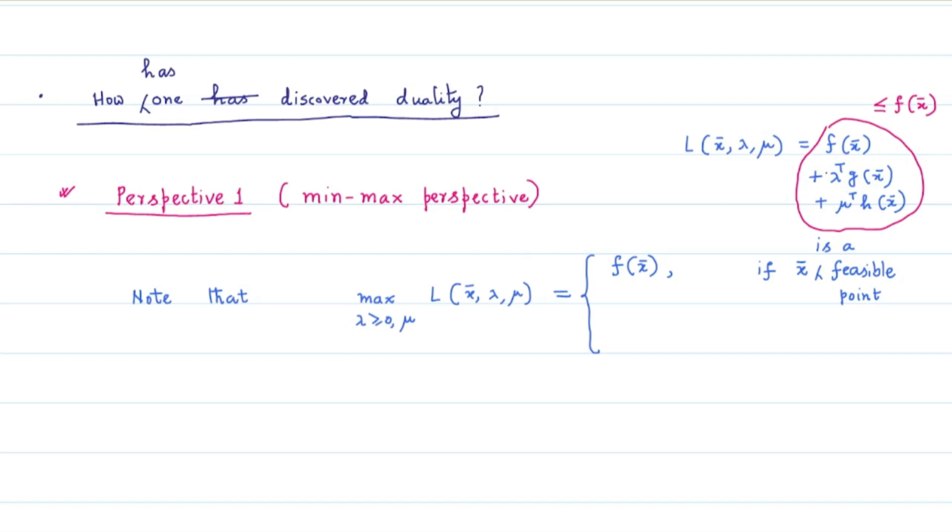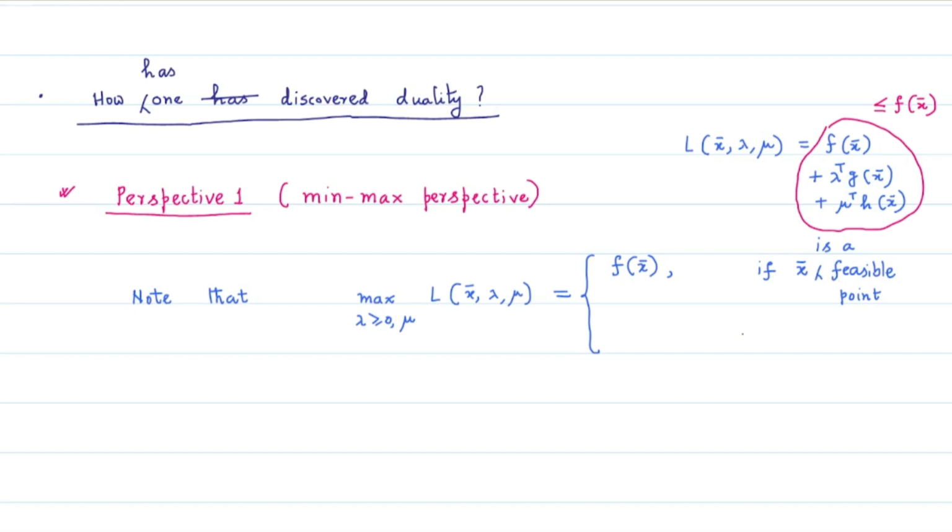Therefore lambda transpose g(x bar) is certainly less than or equal to 0, and the h portion is equal to 0 when x bar is feasible. For the choice lambda equal to 0, this expression is exactly equal to f(x bar), and therefore the maximum possible value of L(x bar, lambda, mu) is f(x bar).